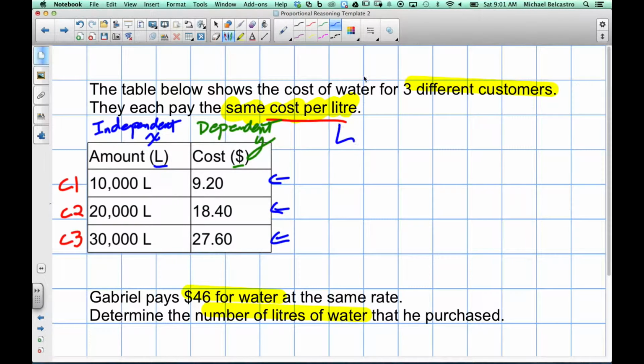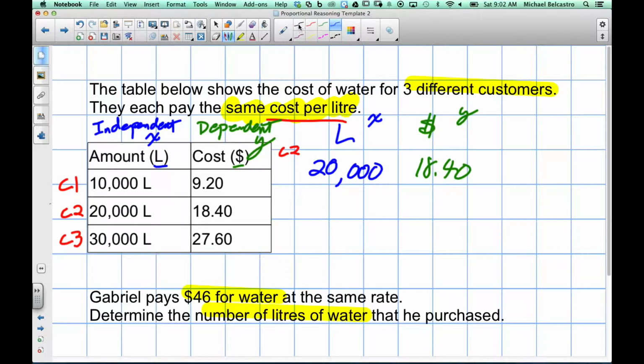We're going to set up our liters and our dollars. Okay, and we'll use customer 2's values. Customer 2 had 20,000 liters of water, and they paid $18.40. Because it's cost per liter, we're going to build a relationship where our y, like we said, is our money, and our x variable is our liters.